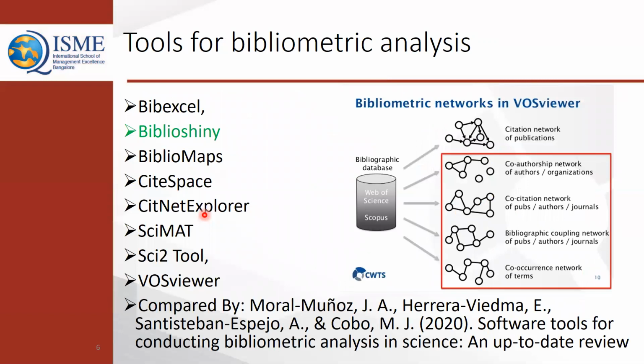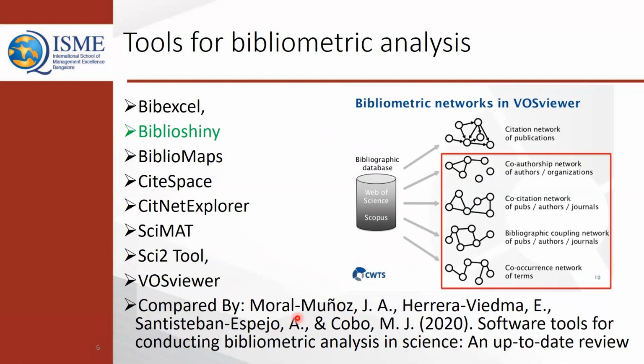There are a number of tools which are used for bibliometrics and which are available. BibExcel is one, BiblioShiny, Bibliomaps, CiteSpace, CitNet Explorer, SciMAT, SciTools, VOSviewer. Now, there are a number of these tools.